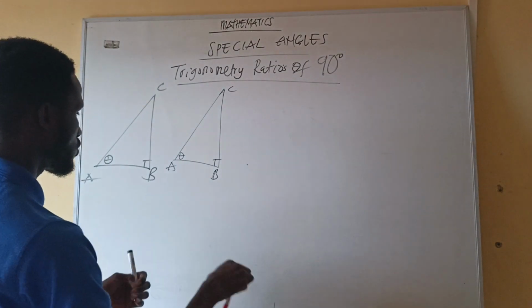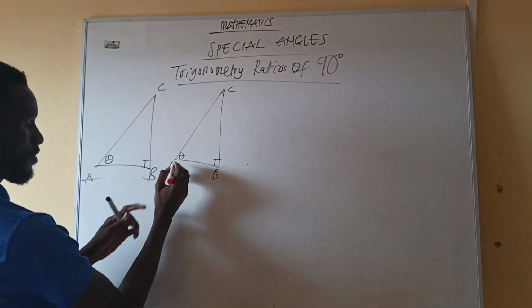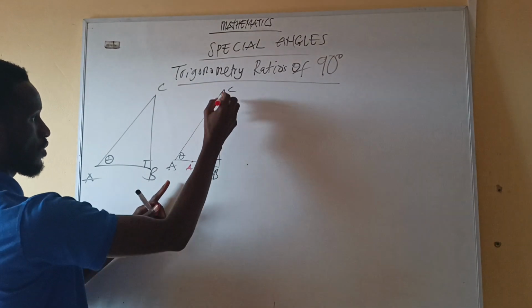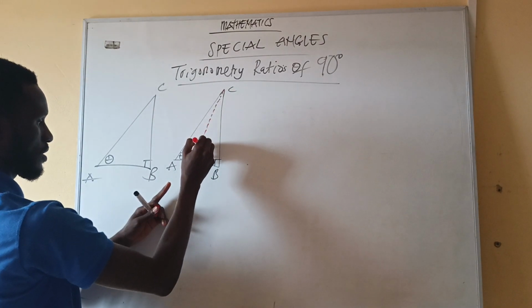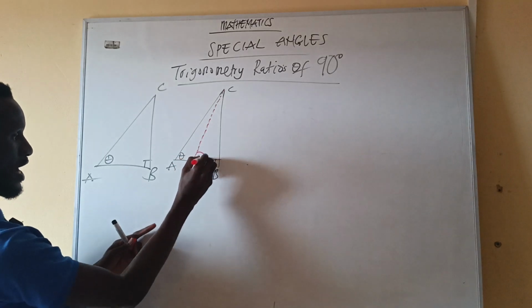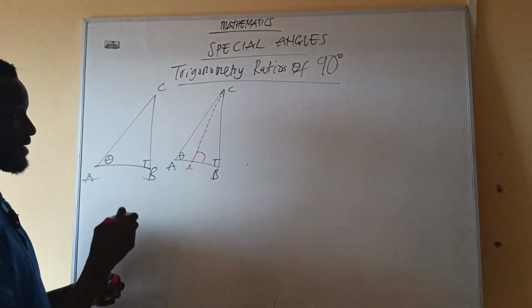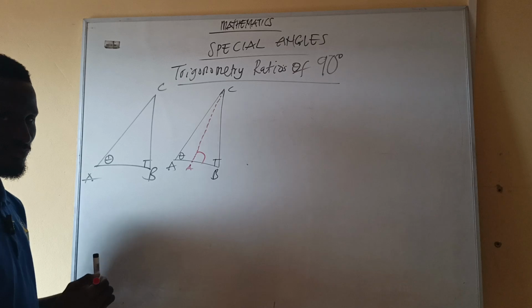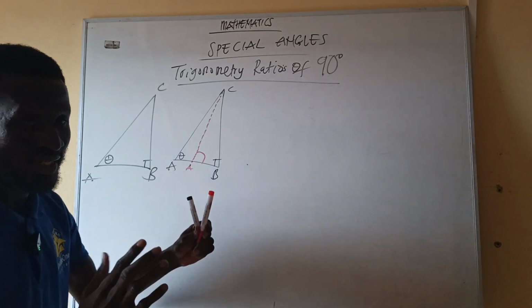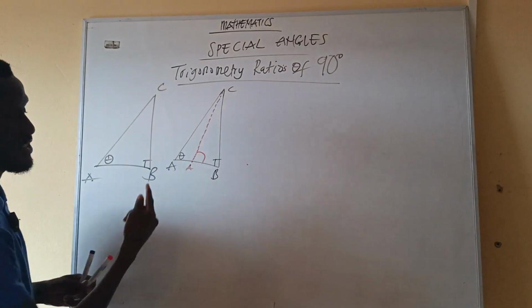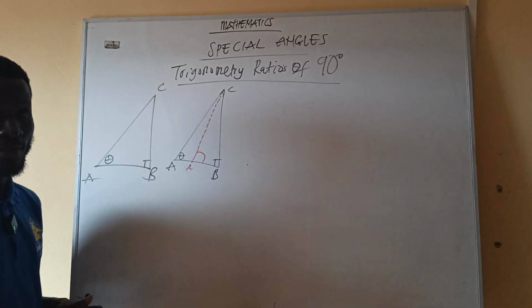The moment I push this A from here to here, what is going to happen? The angle here will be bigger than the angle here. The theta will become big. So if here is very small, the theta will become very big.